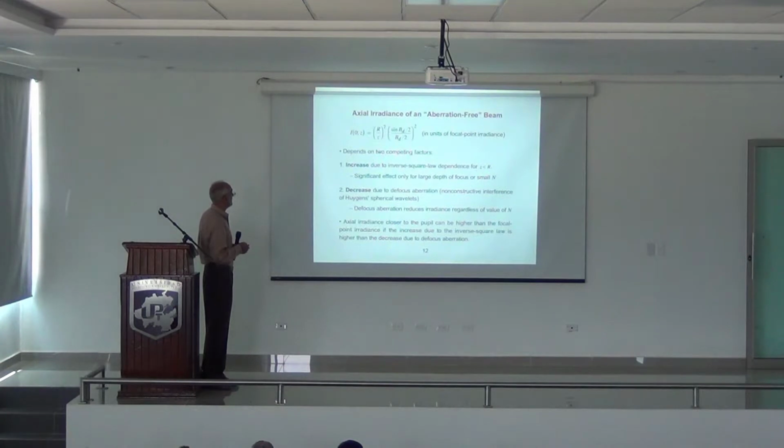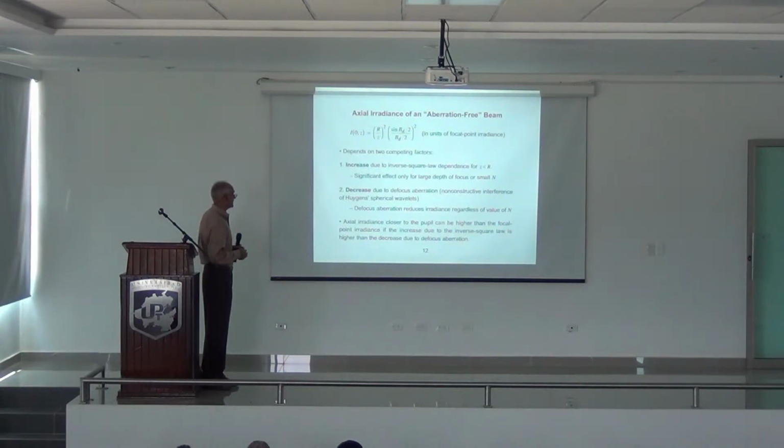So, there are two competing factors. First, increase due to inverse square law dependence for z less than r. And this is significant only for large depth of focus, and we get large depth of focus when N is small. Second factor, decrease due to defocus aberration, non-constructive interference of Huygens secondary wavelets.